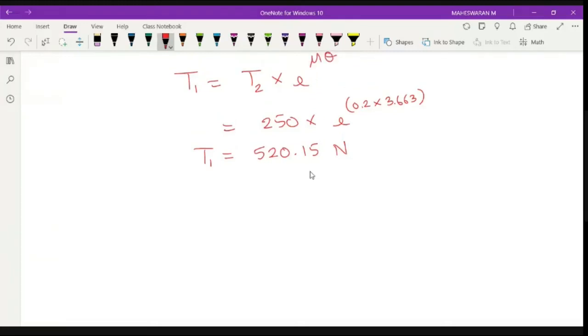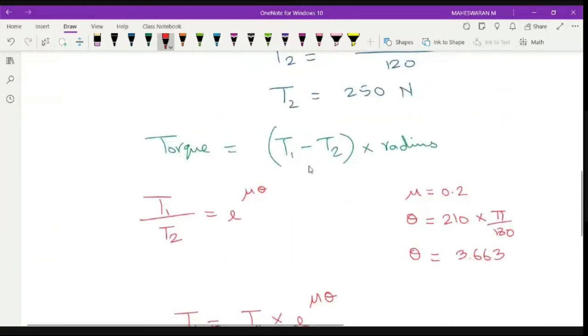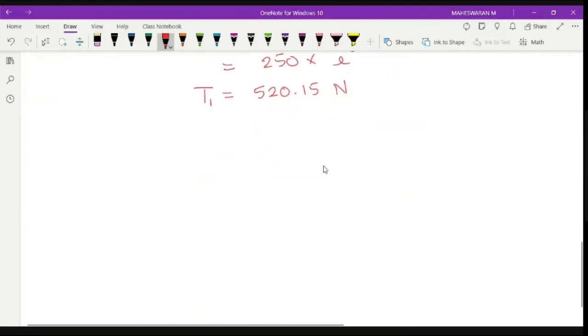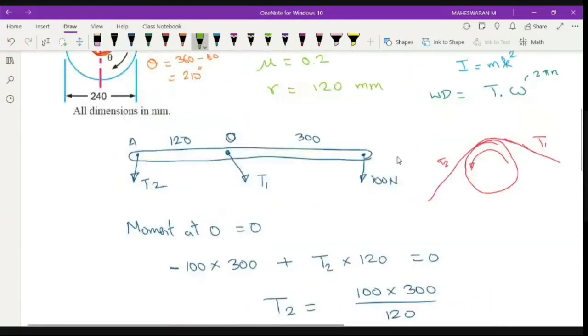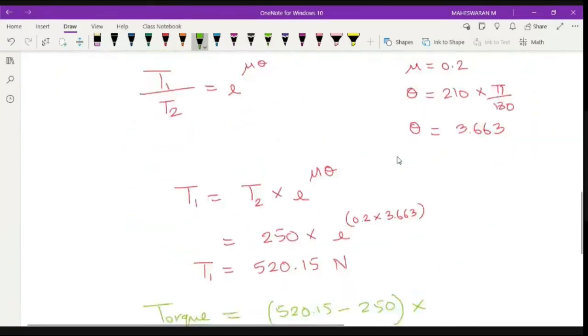So now we identified both the values, T1 and T2. Now I can apply the torque. My torque is equal to T1 520.15 minus 250 T2, into the radius of the drum. So what is the radius? The radius is 120 mm.